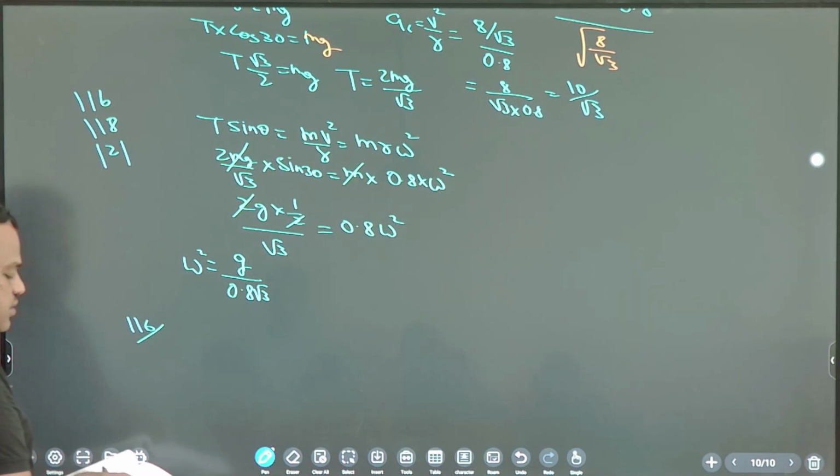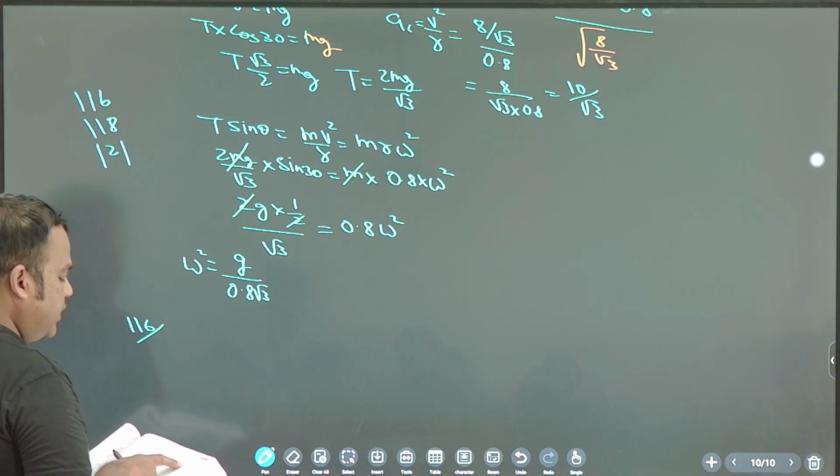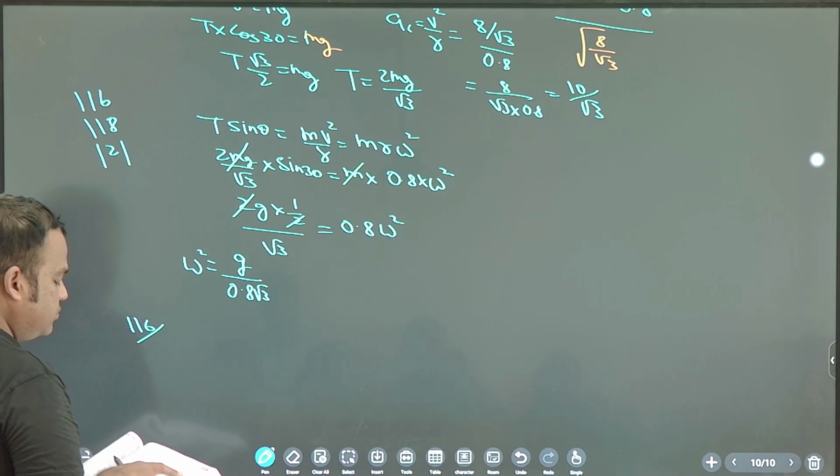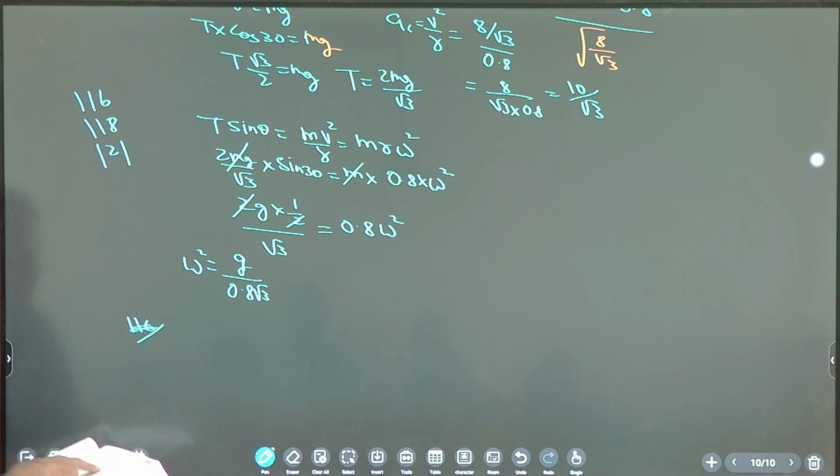Maximum tension in extensible ring. Okay, this I will teach. Tomorrow I will teach this. Different topic it is. 116 no.